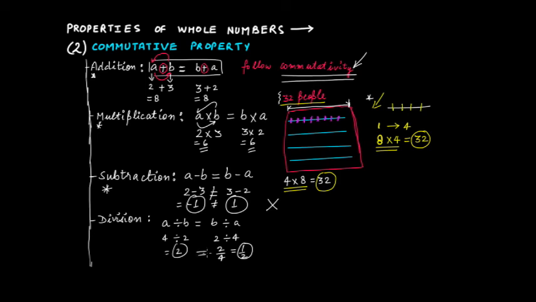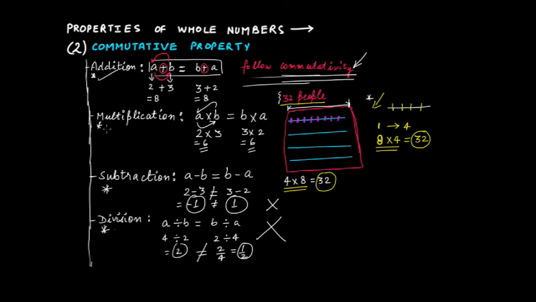Of course these two are not same, and therefore for division of whole numbers you will not get the same result if you change their order or position. Therefore, just like subtraction, division also does not follow commutativity.